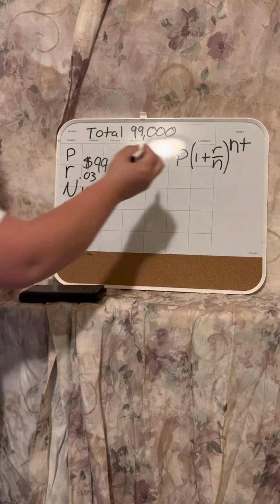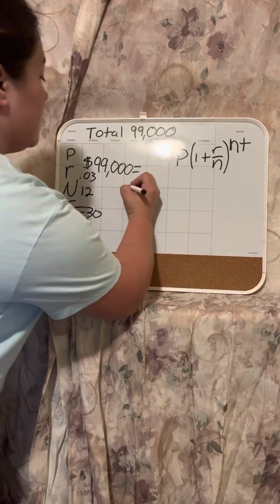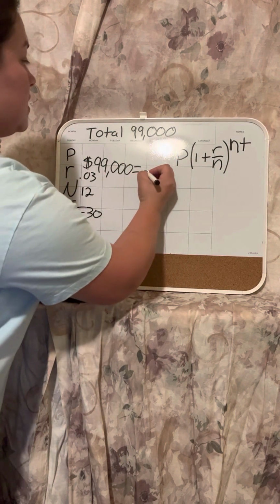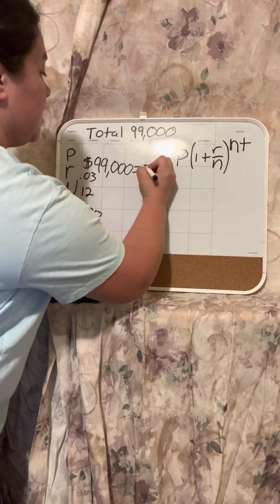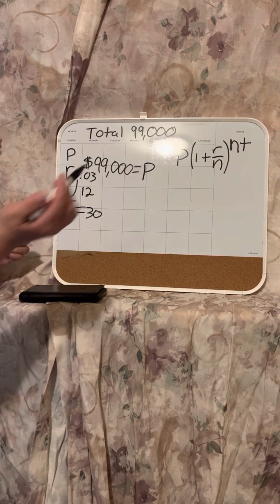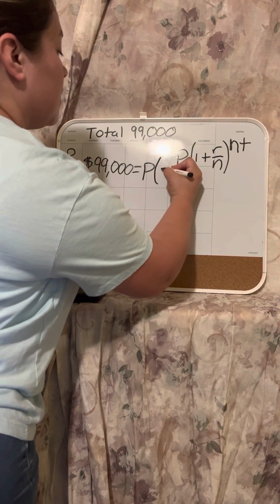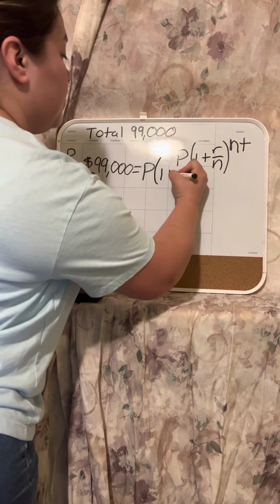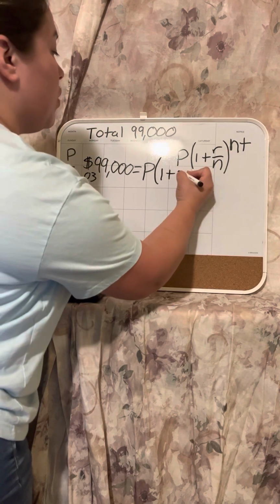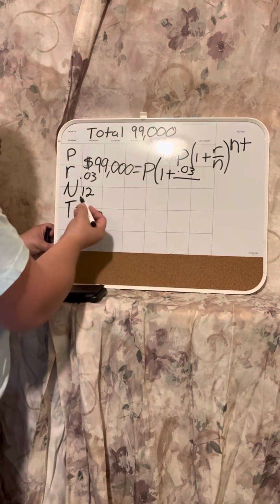Okay, so we're gonna go ahead and use this to plug everything in. So we're gonna have 99,000 equals, we don't know the P. The question's actually asking what is the principal value. So we're solving for P. So we're gonna have P times 1 plus, we know the rate is 0.03 over, we know n is 12.